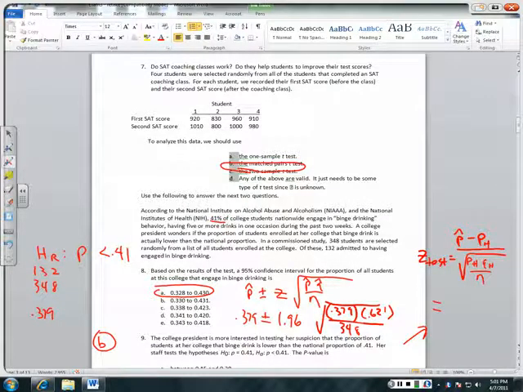So that's 0.379 minus 0.41 divided by the square root of, remember when you do the test statistic for proportions, you use the hypothesized proportion here, not the sample proportion, and that was 0.41, 0.59 over the sample size of 348. Get that to be about minus 1.18.